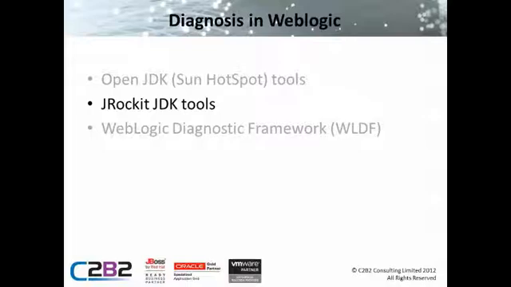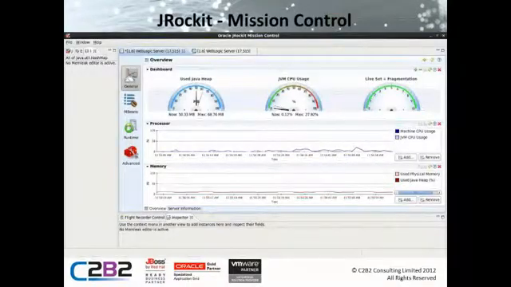So this is the JRockit Mission Control. Now Mission Control is one tool, but it's really made up of 3 tools: the console, which is the view that we can see in this screenshot here, the flight recorder, and the memory leak analyzer. So first we'll take a look at the console, which is pictured here.